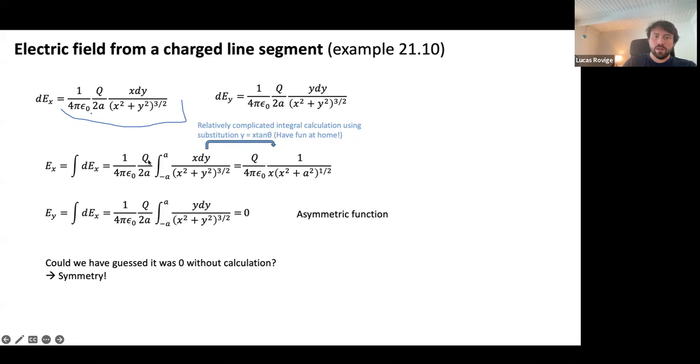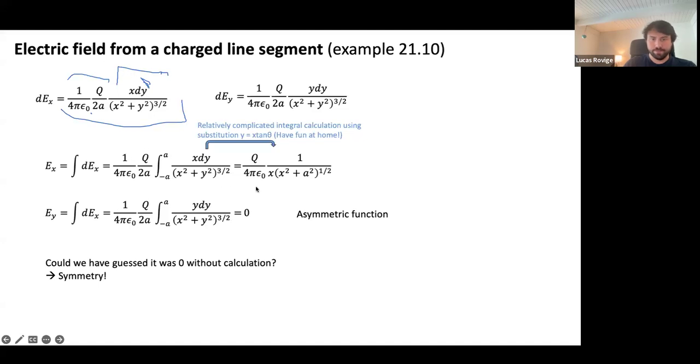This term is constant, so it can go out of the integral. And then we integrate between minus a and plus a, because that's the length of our segment, and we integrate as a function of y, because we're integrating along the vertical segment.